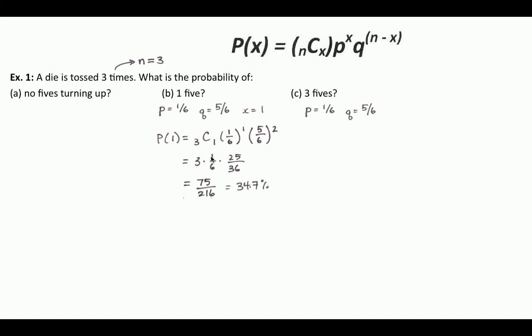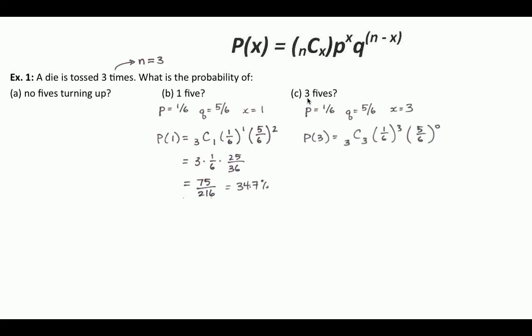Okay. X, however, now, because we know that n is equal to 3 because it's 3 trials. Here, x was equal to 1 because we cared about 1 5. Here we're saying, hey, we want 3 successes in 3 trials. So x is equal to 3.